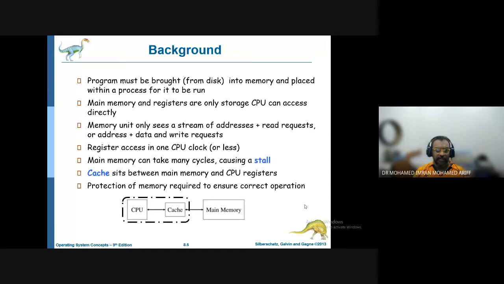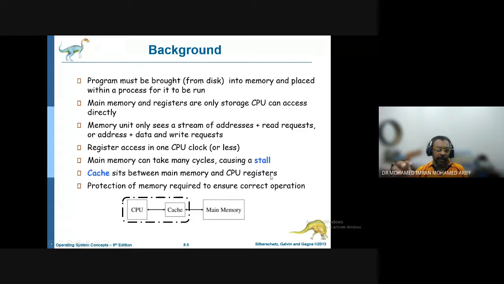So there will be certain files only stored inside the main memory, and also certain files which need to be run will be stored inside the cache memory. So inside the CPU, like you can see here, there are registers and cache memory only. Okay, so cache sits between the main memory and the CPU registers.